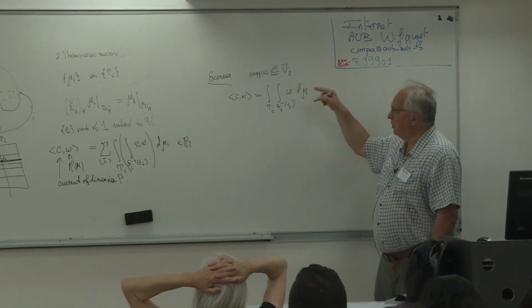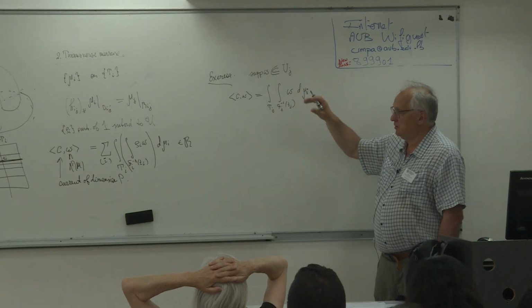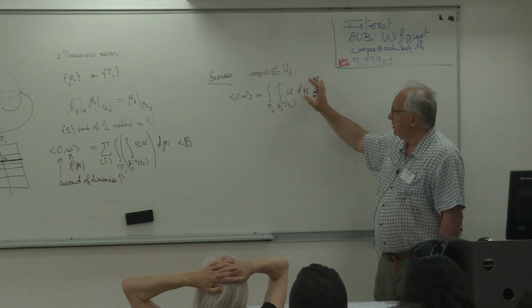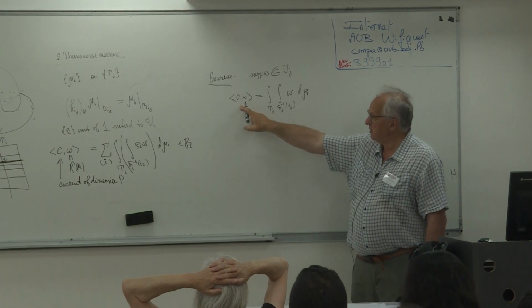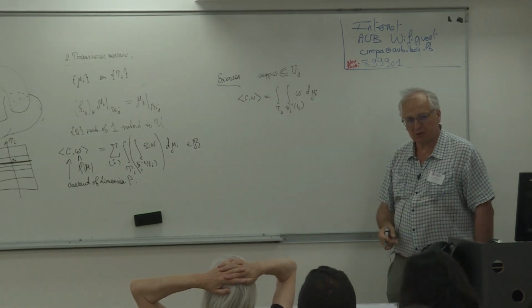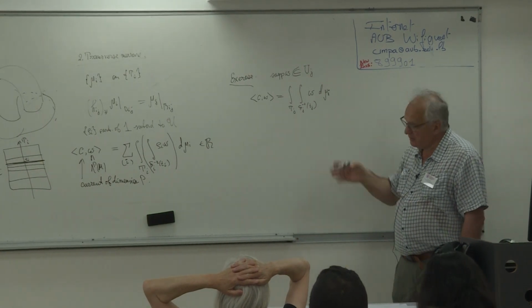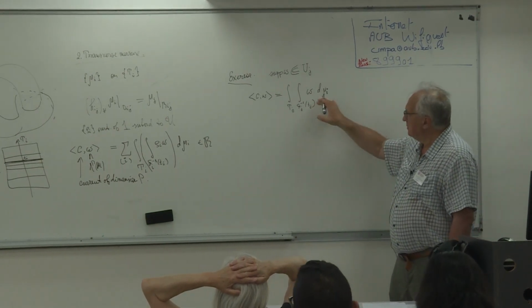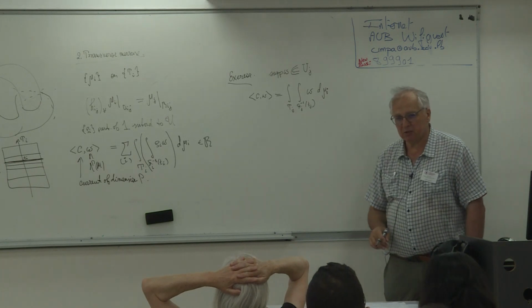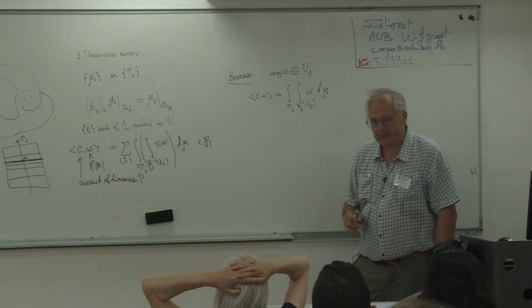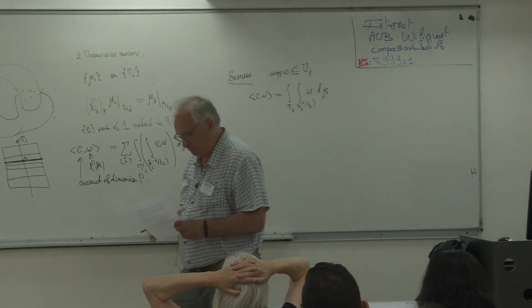So if your form has support in the flow box U_j, then this current acts in a natural way. You integrate along leaves your form, and then you integrate with respect to the measure you have on the transversal. Okay?